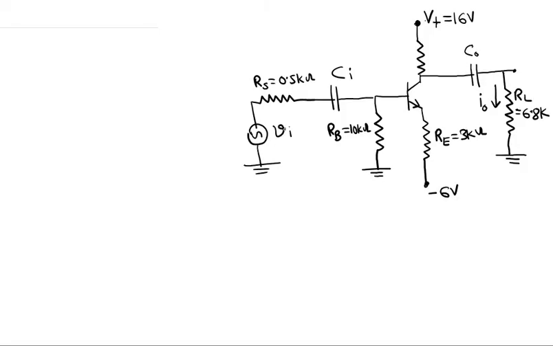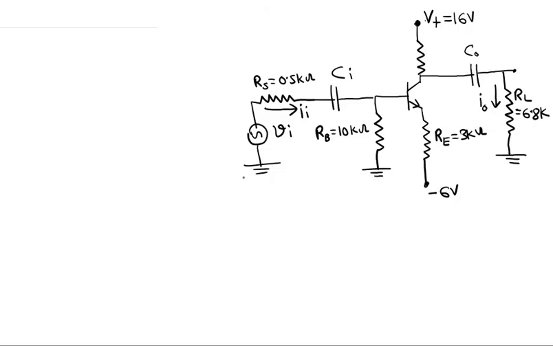So this is basically the input AC voltage Vi. So this is our entire circuit, and the AC voltage source basically provides us with the input current II.